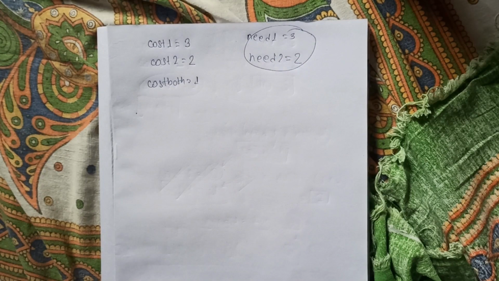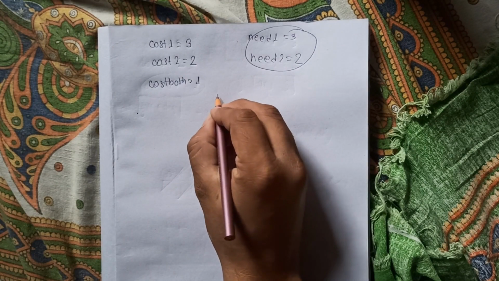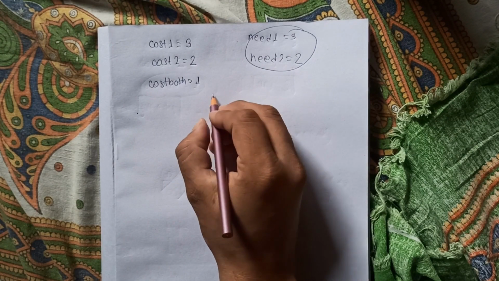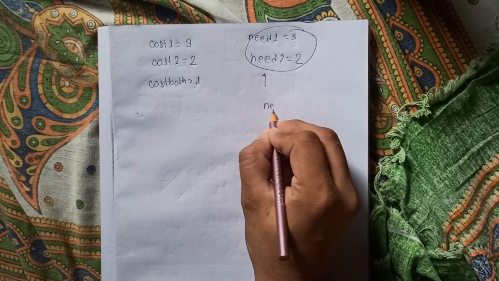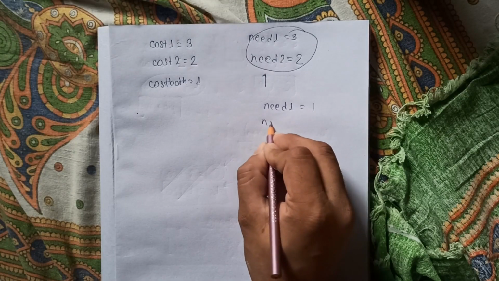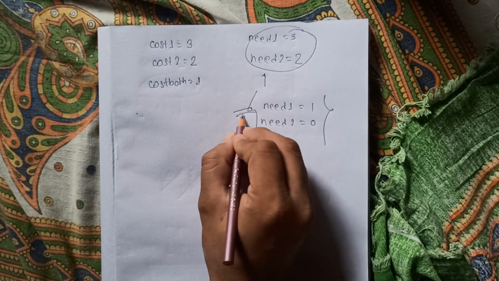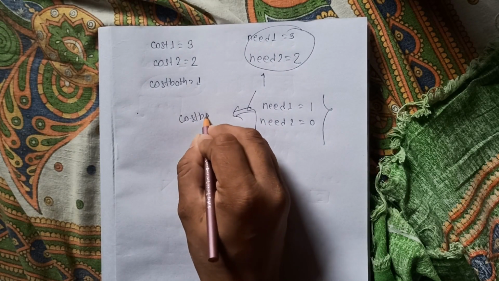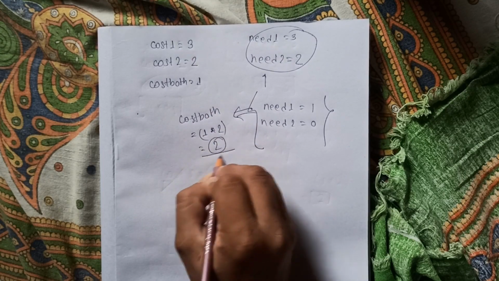We will first reduce both of these values by 2, so need 1 becomes 1, need 2 becomes 0. To do this we use cost both, which is 1 times 2, so the answer becomes 2.